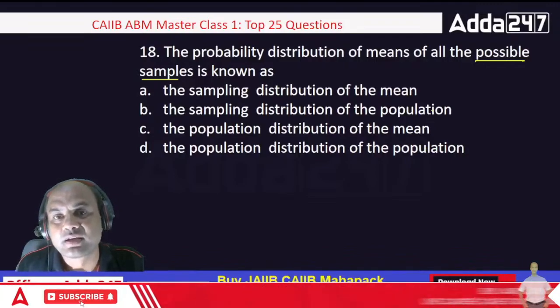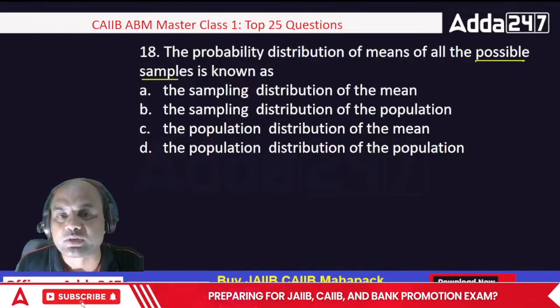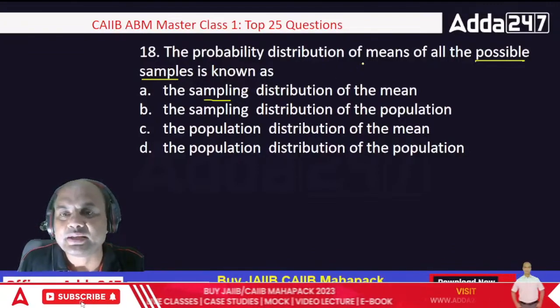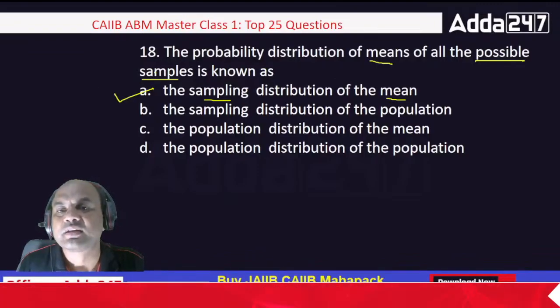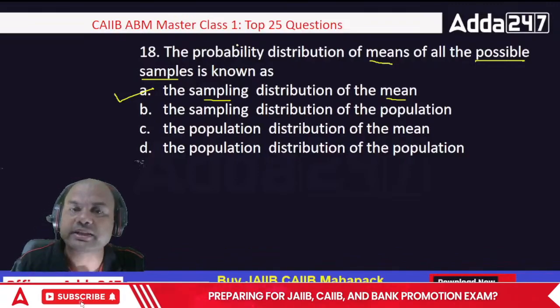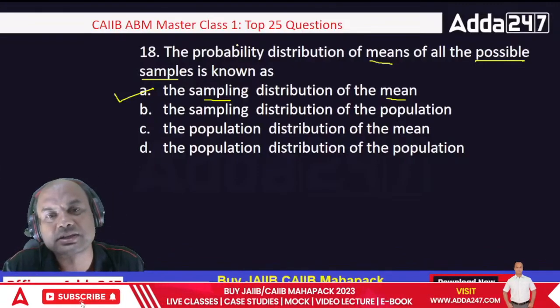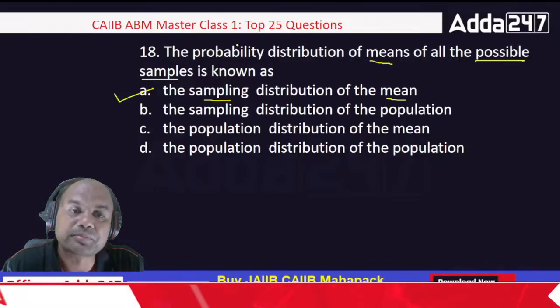See here, the answer is there in the question only. Samples, so sampling distribution. Means, so mean. So the answer is A, isn't it? Isn't it simple? Many times in your exams also, the answers are contained in the question itself, but we can't find them.